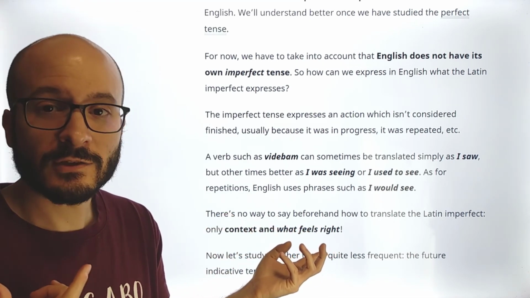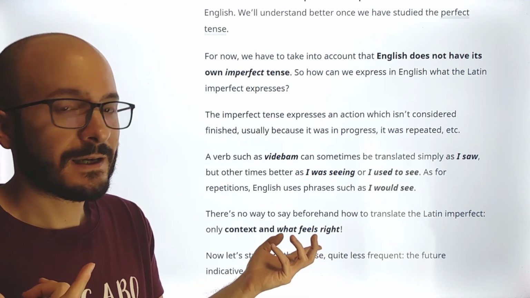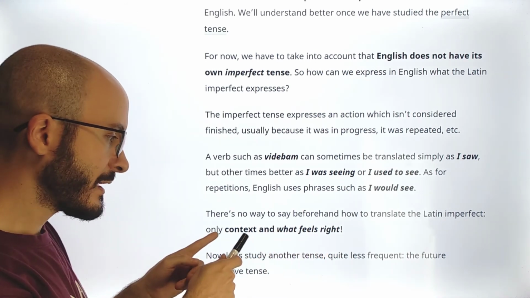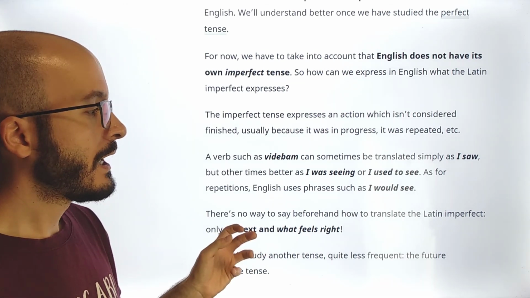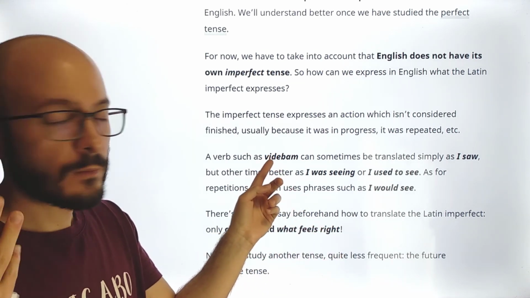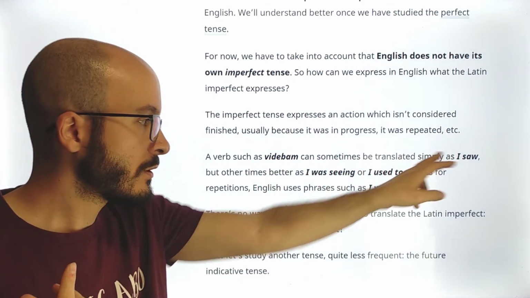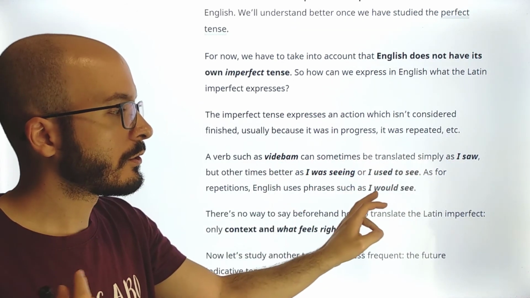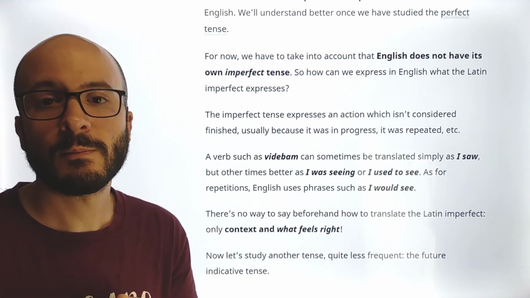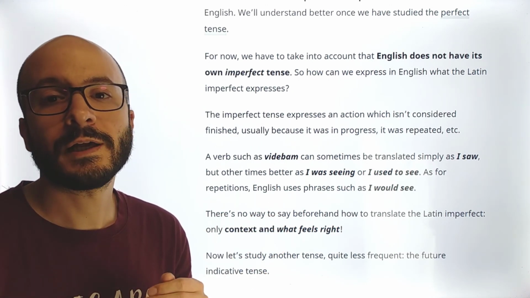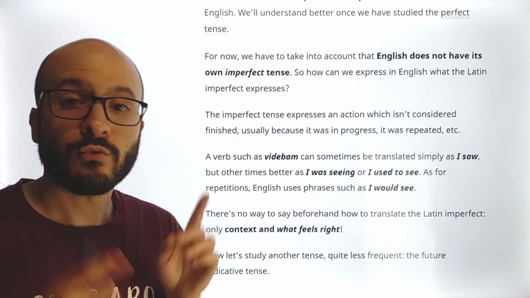I mean, I know that it's not super linguistic, but it's super useful. Okay, so context and what feels right is going to tell you how to translate a form such as videbam: I saw, I was seeing, I used to see, or I would see. And that's it. That's pretty much everything we have to know about the imperfect tense. Now let's go and study a future tense.